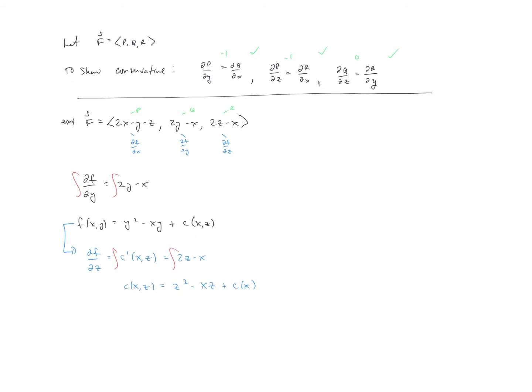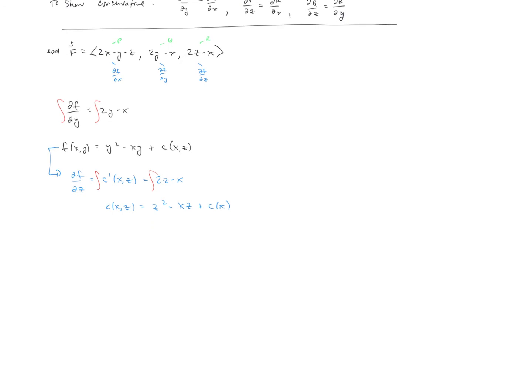All right, so let me move this up a little bit. And we're ready now to say that f of xy equals y squared minus xy, and then that's going to be a plus z squared minus xz plus c of x. So this stuff right here, and then my c of xz, I replaced with that right there. Now, we need to continue on.